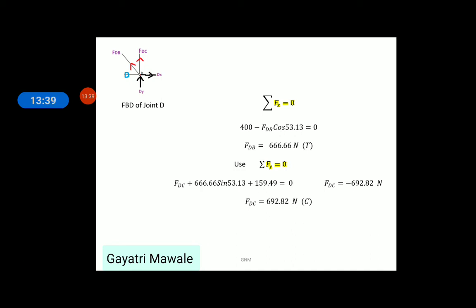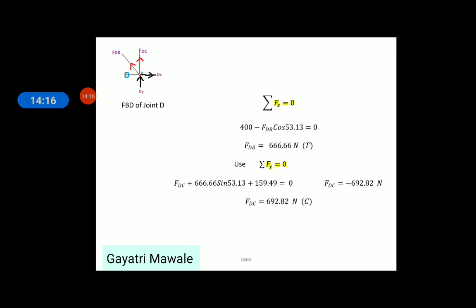Use summation Fx for this FBD, and so I get 400, which is dx, minus FBD cos 53.13 for the inclined force. After making the calculation, we come to know that FDB is 666.66 Newton, and we got a positive answer for it. It means the direction of FBD is tensile as we have assumed it.